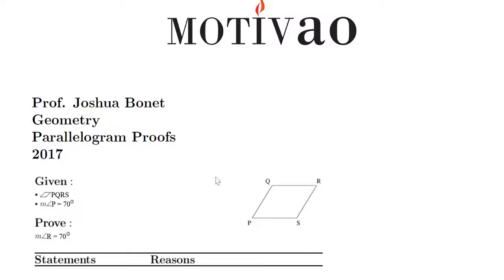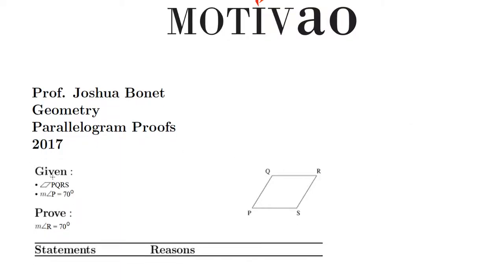Okay, so let's start. The first thing you want to see is the givens. You're given two things for this problem. First, that PQRS is a what? What does this symbol tell us? This symbol is the symbol for, you guessed it, parallelogram. And it's saying that PQRS, that's how you read it, is a parallelogram.